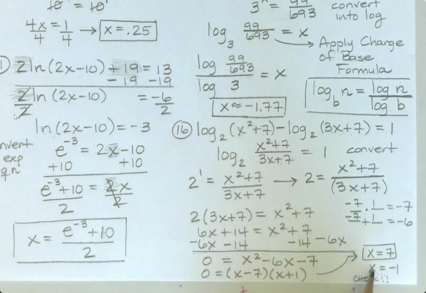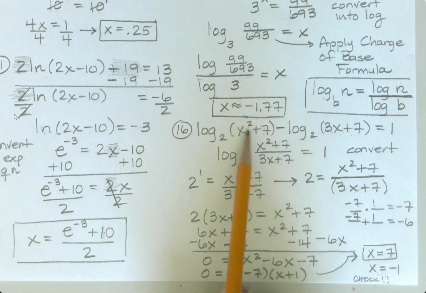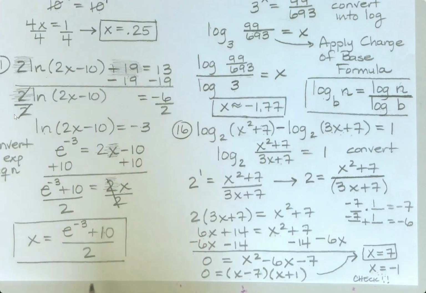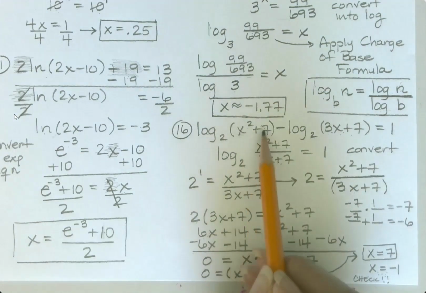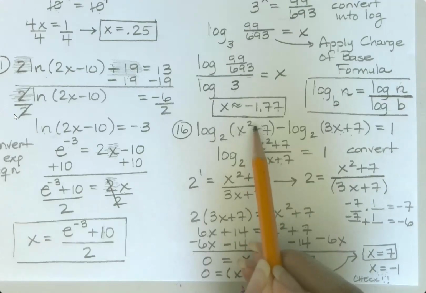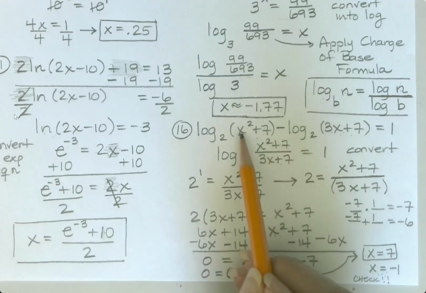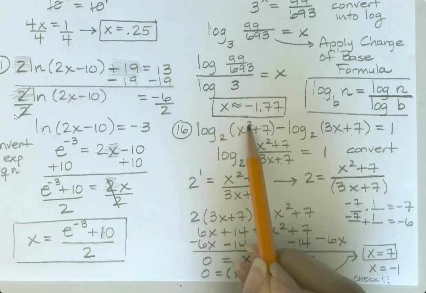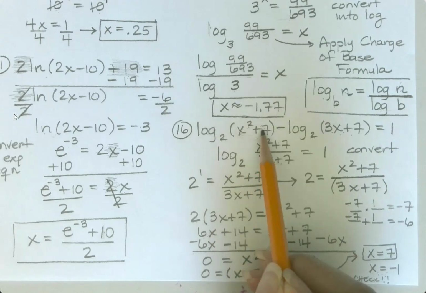So that's why you need to resubstitute your answer or answers to make sure you're not getting a 0 or a negative number. Let's do it again. Let's put in negative 1. And you can use a calculator, by the way. I'm showing you here by hand, but you can type it in a calculator. So substitute negative 1. Negative 1 squared would just be positive 1. 1 plus 7 is 8.